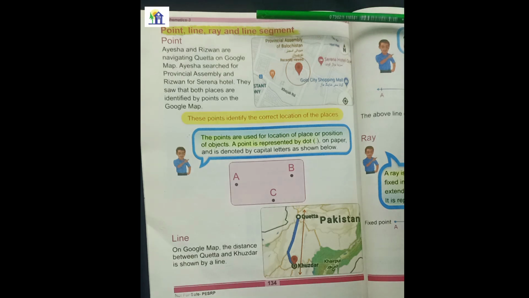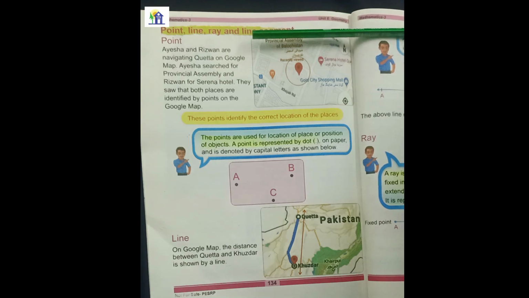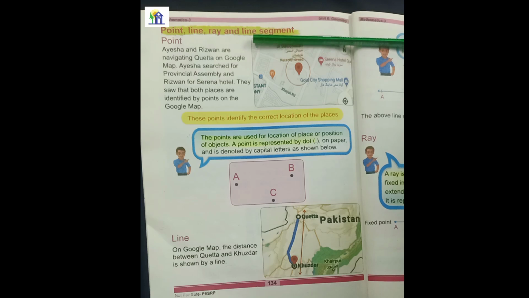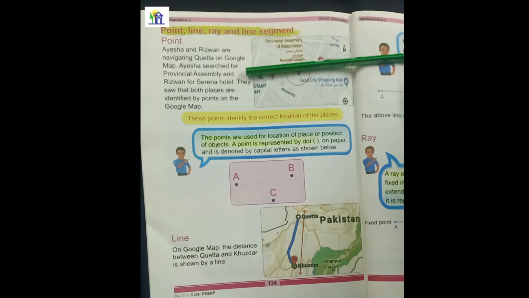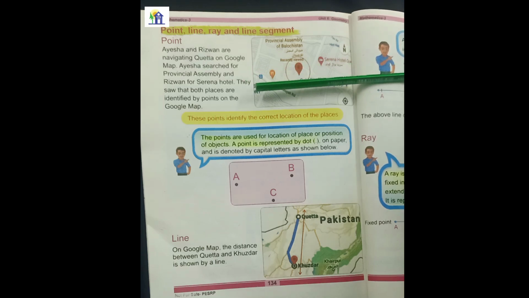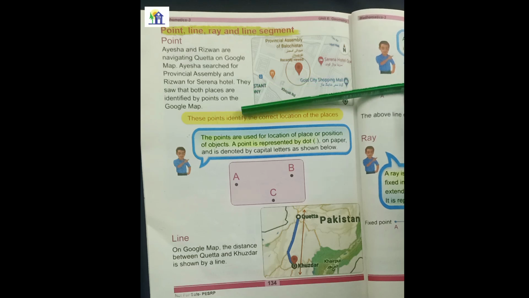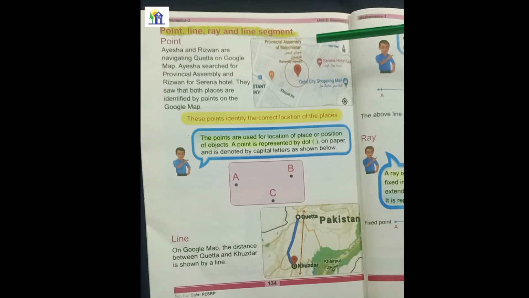Students, you know about what is a point? Aisha and Rizwan are navigating Quetta on Google Map. Aisha searched for Provincial Assembly and Rizwan for Serena Hotel. They saw that both places are identified by points on the Google Map like this and this.